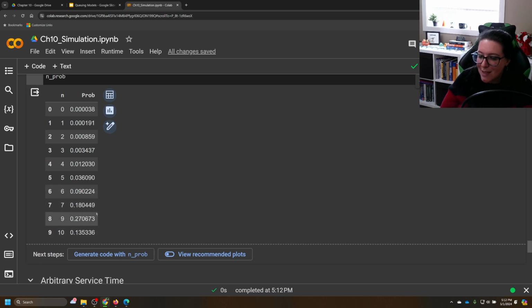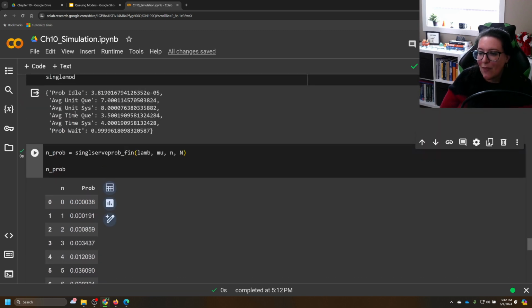So notice that it's on the high end. Very rarely, if ever, are there only 1 or 2 people in the queue. We're really having a hard time keeping up. The list is long. So anytime you need your ambulances serviced, you are joining a long list. And we know that the average wait time is 3.5 weeks.